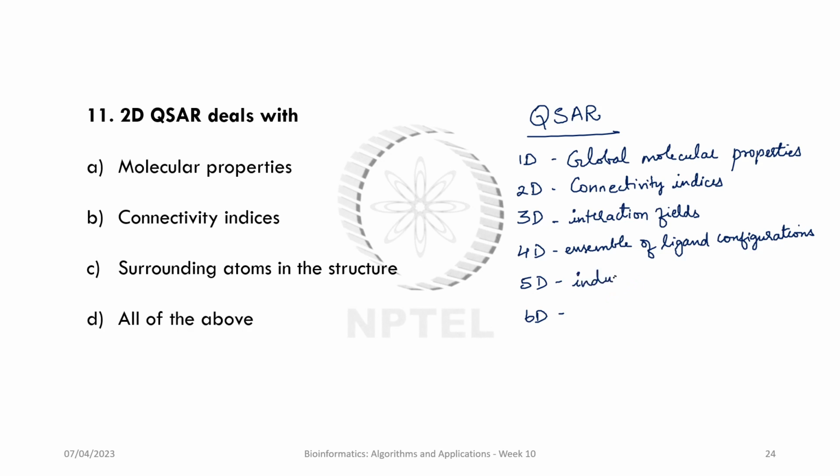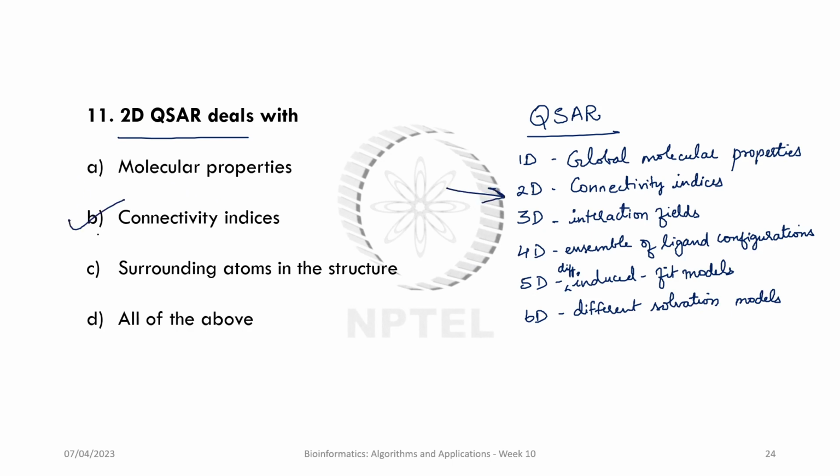I'm just going to write induced fit models. And 6D includes different solvation models. Current question: 2D QSAR deals with connectivity indices.